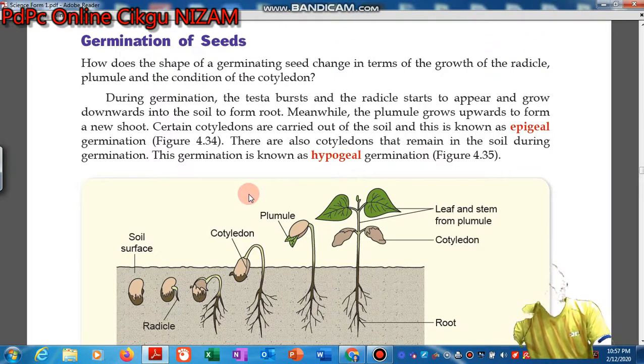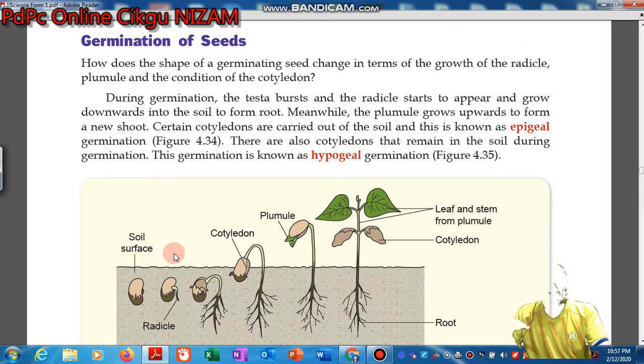You have to know that a plant itself is produced from the growth of the seed, or germination of seed. It is very important that I repeat again: a plant comes from the growth of seeds.